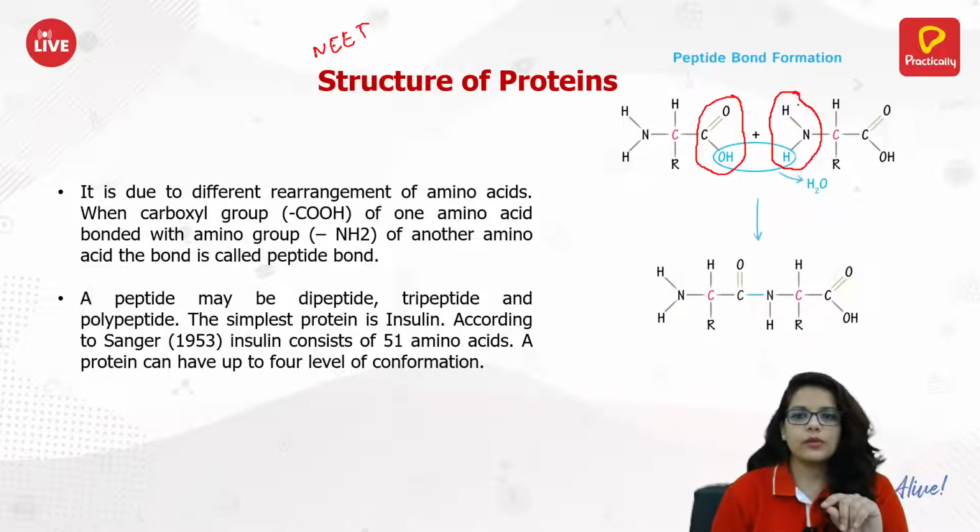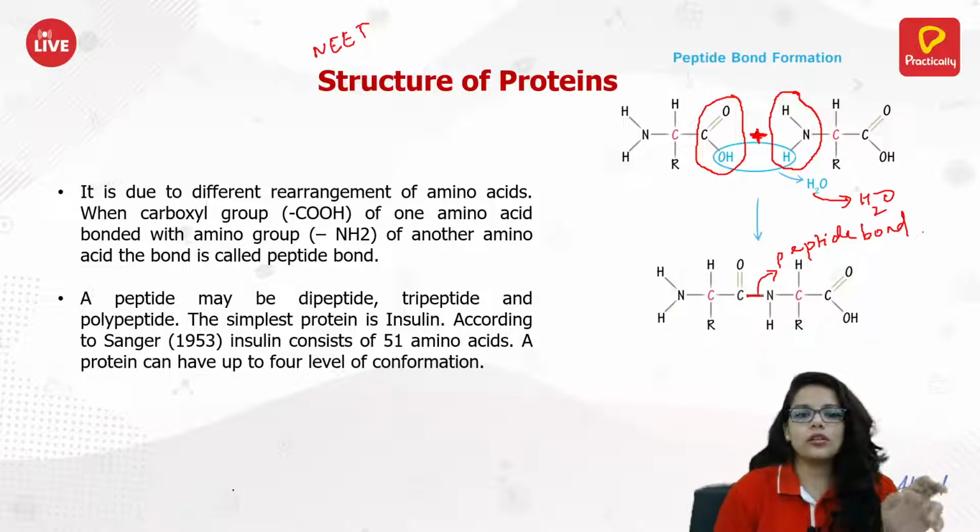When the peptide bond has to be created, what happens? Together they leave a water molecule out: one H from here and one OH from here. They leave it out and make a peptide bond. This bond is known as the peptide bond.